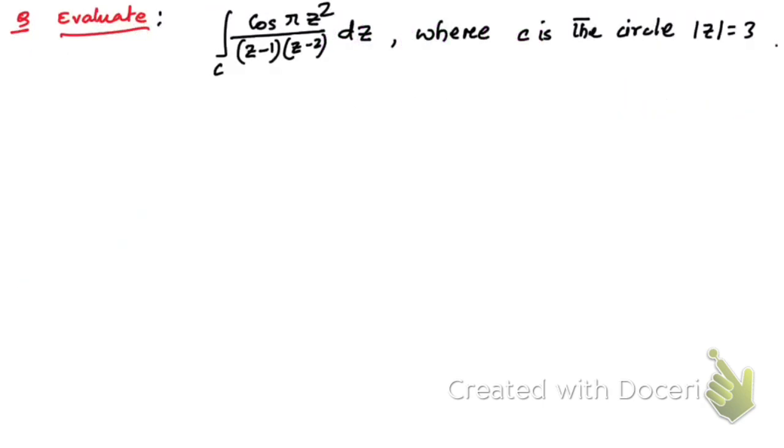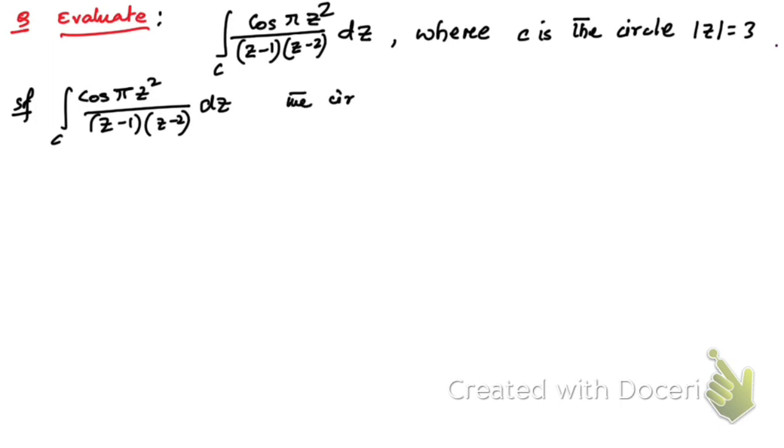So here is the next question. You can solve this. So let's solve this one. What is the integrand here? The integral over C of cos of pi z squared divided by z minus 1 into z minus 2 dz, where the circle C is mod z equal to 3, right?